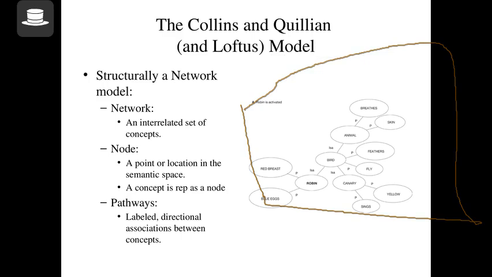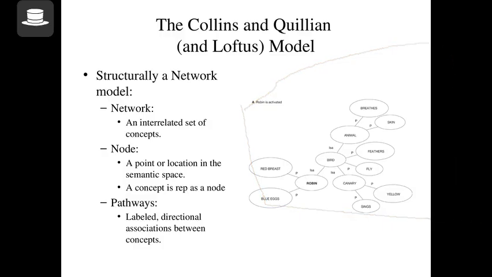So you have Robin, you have bird. So you know that Robin is a bird. So these two concepts are connected. We know that Robin lays blue eggs. So this blue egg and Robin are also connected. We know that a bird can fly. So the concept of flying is connected to bird. The concept of feathers is connected to birds. The concept of animals is connected to bird, and so on and so forth.